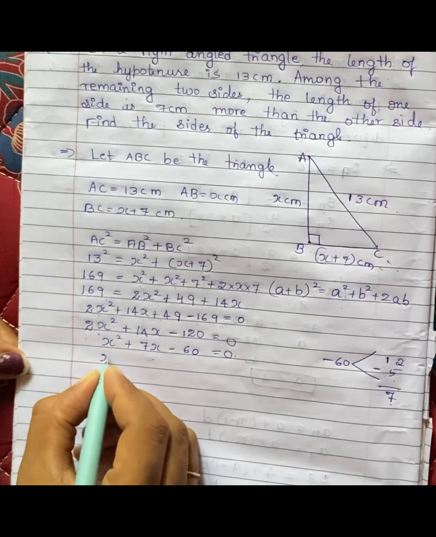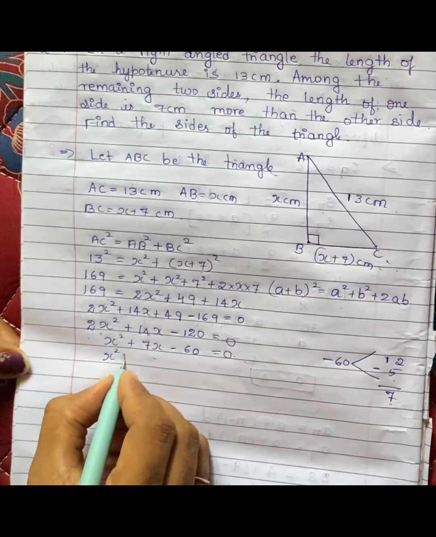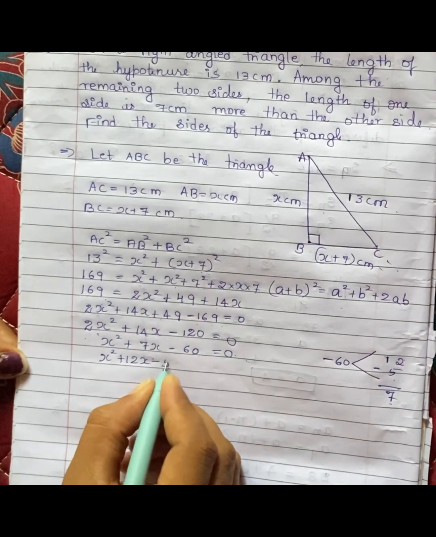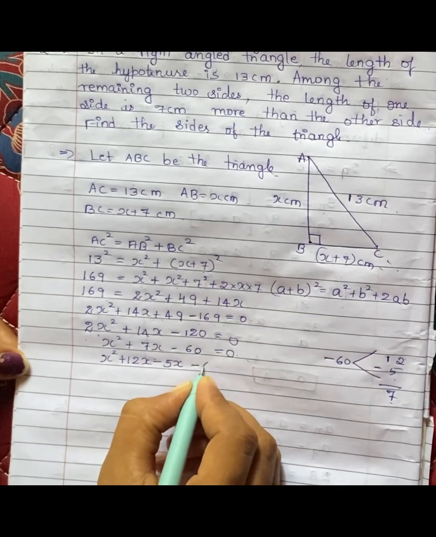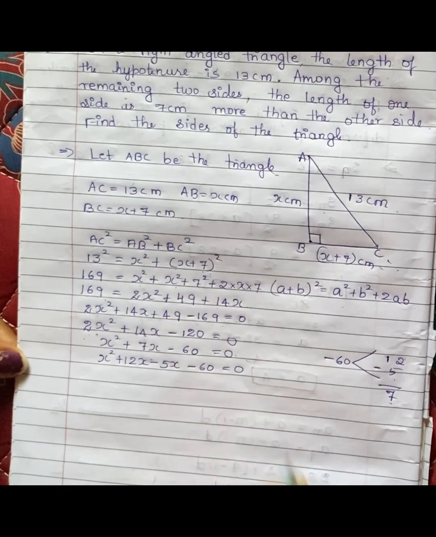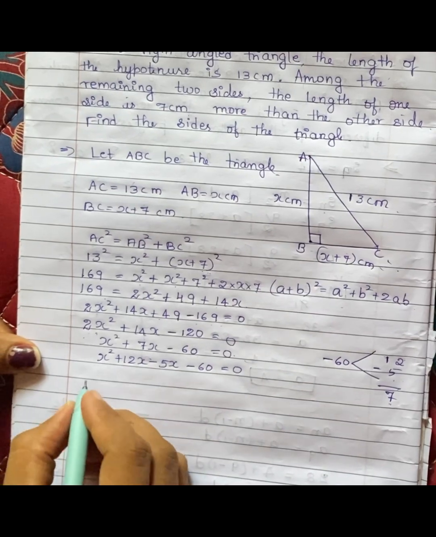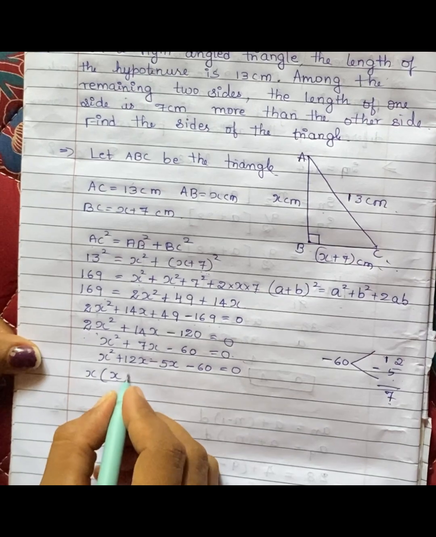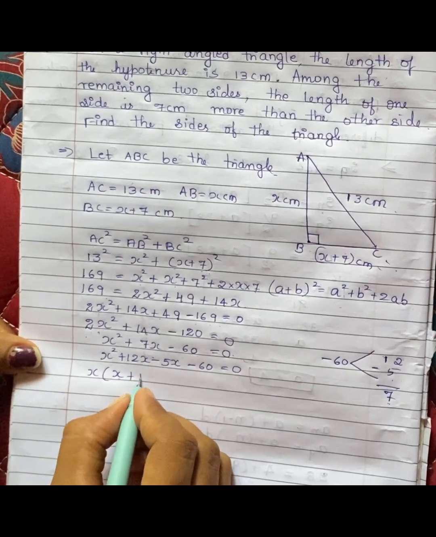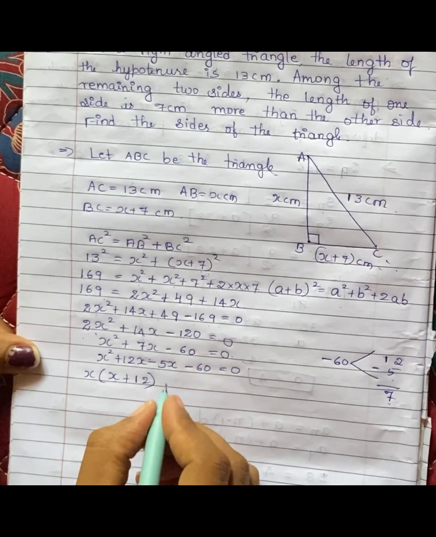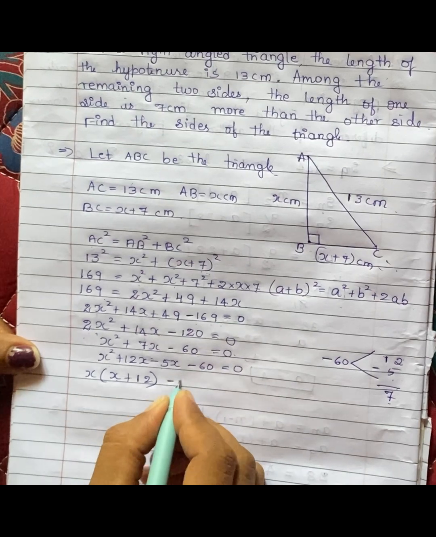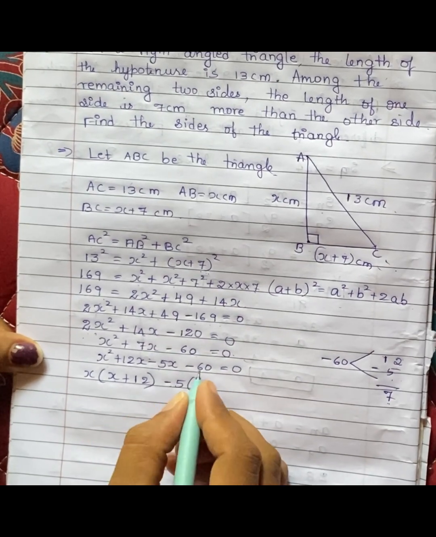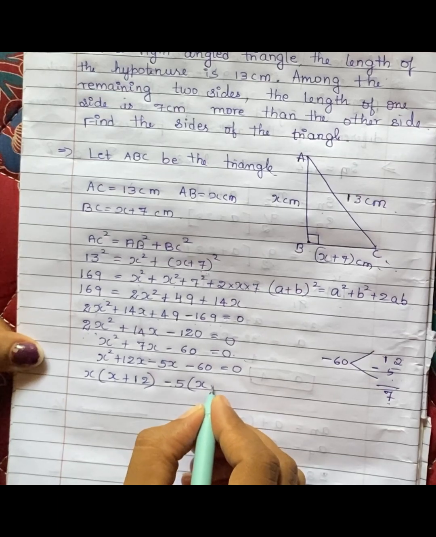So in the place of 7x we need to replace it with these two values. So I'll just write it: x square plus 12x minus 5x minus 60 is equal to 0. I'll just take x as common, so x plus 12. Now I'll take minus 5 as common, so that x, so 5 12.